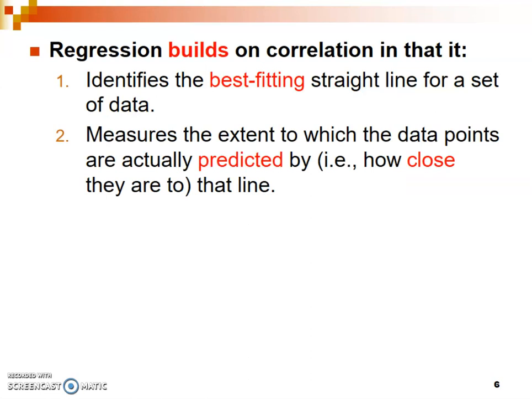What a regression can also do is add to what a correlation can do, in that it allows us to examine the relationship between these two variables in terms of prediction. Once we create that best fitting straight line for our data set, we can use that line to predict where somebody would be.